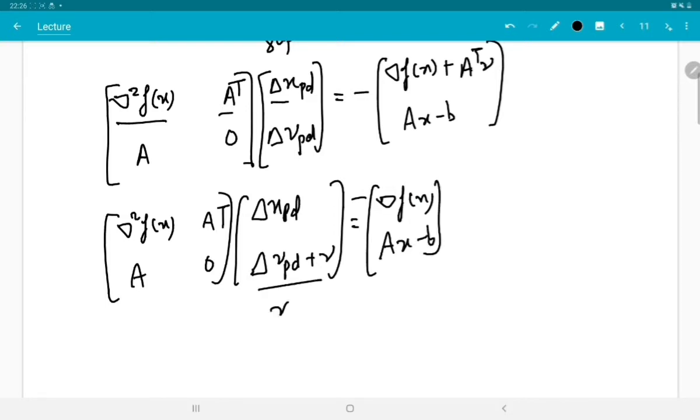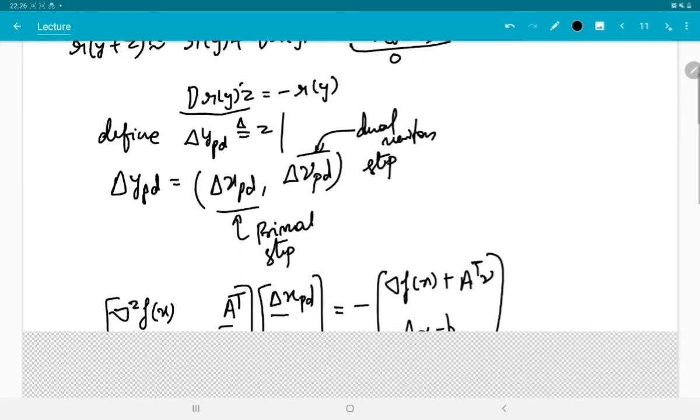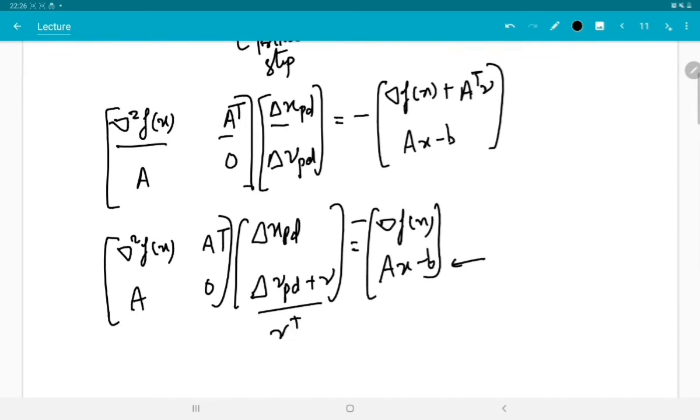This is nu plus, and this Ax minus b is the primal residue, that is r primal.